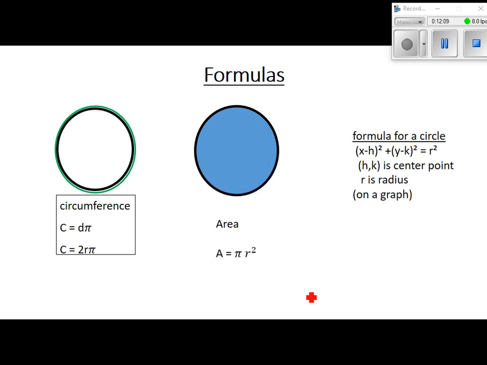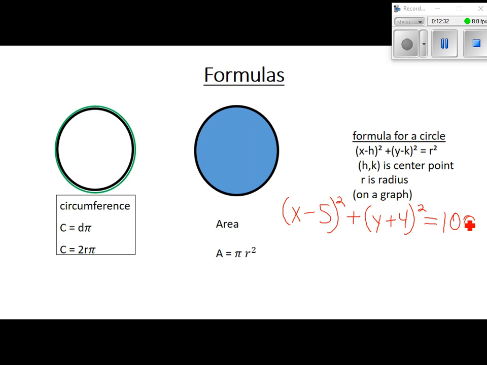So if you're given something that looks like this, you can find the radius and the center point of the circle.